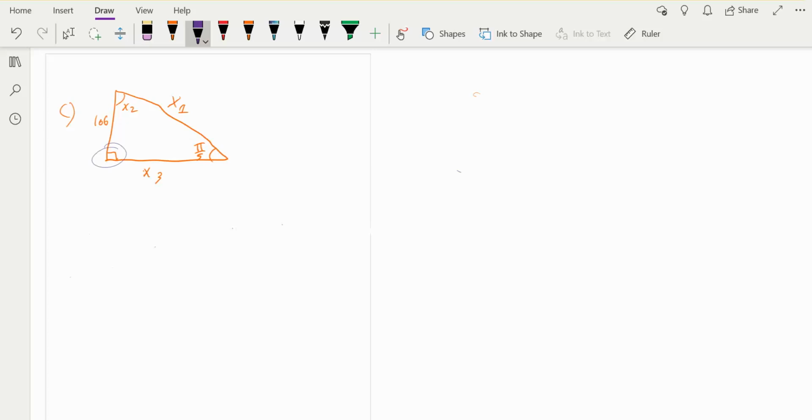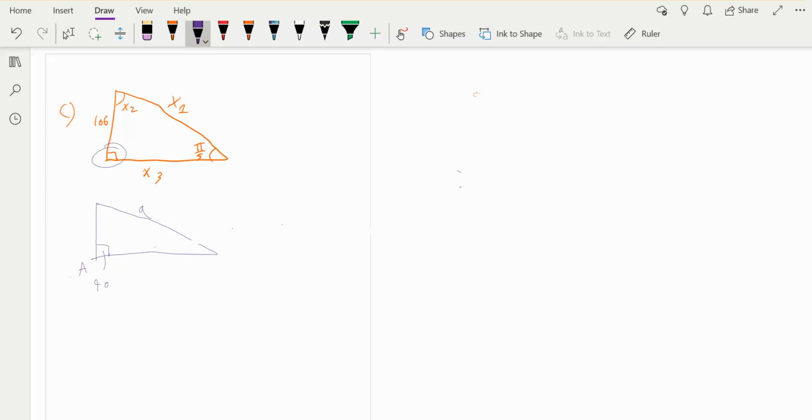Alright, so let's draw this again. As I told you, I just prefer drawing everything because when you do that, you just know what's going on. So this is 90 degrees. Let's call this side A. Let's call this angle A. So we know that A equals 90 degrees, and we have no idea what side A equals.